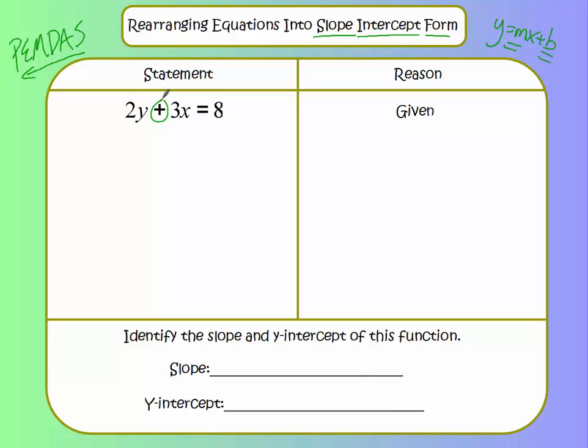Well, the additive inverse of 3x would be negative 3x. So here I'm going to have 2y. I still have this plus 3x. And now I'm going to subtract 3x. Remember, whatever I do to one side, I do to the other. Okay, and what I'm doing here is the additive inverse.